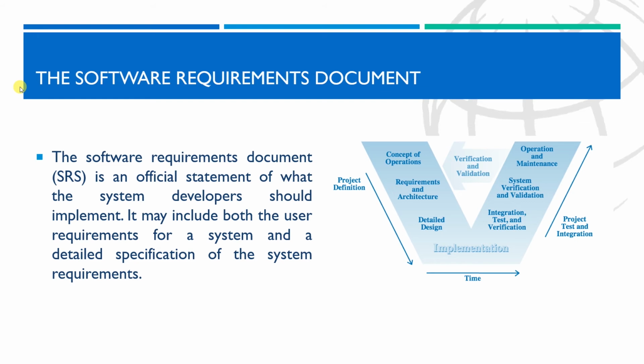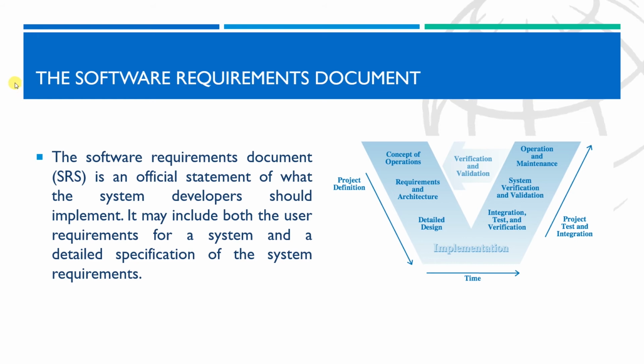It may include both the user requirements for a system and a detailed specification of the system requirements. Sometimes the user and system requirements are integrated into a single description. In other cases, the user requirements are described in an introductory chapter in the system requirements specification.